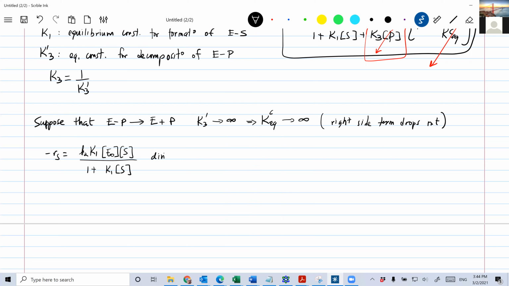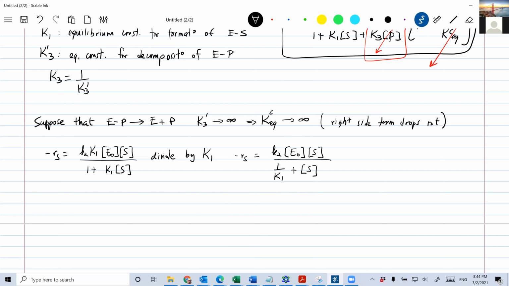And if we divide by large K1, then we are left with this form. 1 over K1 is often called Km.